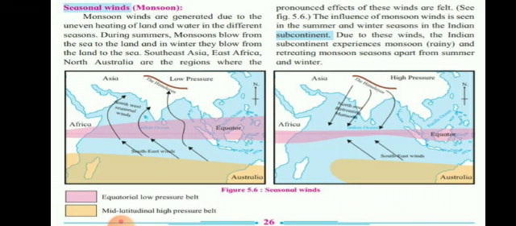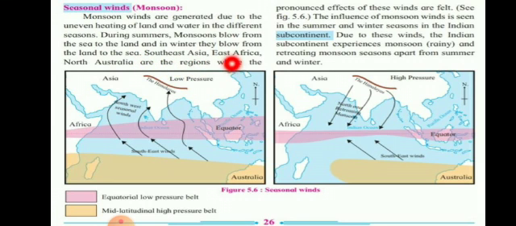Now, let us move further and see what seasonal winds are. Seasonal wind, monsoon. Monsoon winds are generated due to the uneven heating of land and water in the different seasons. During summers, monsoons blow from the sea to the land, and in winters, they blow from land to sea.